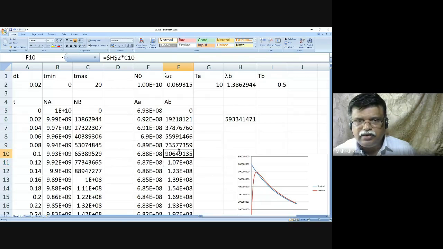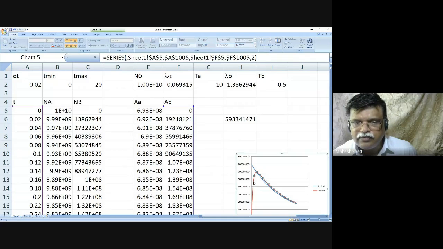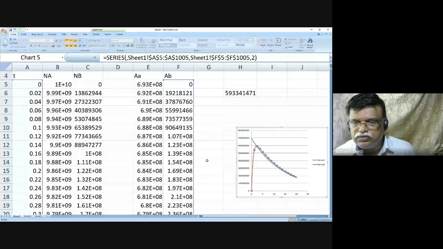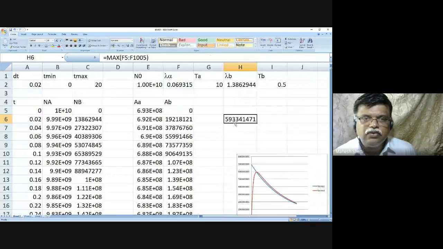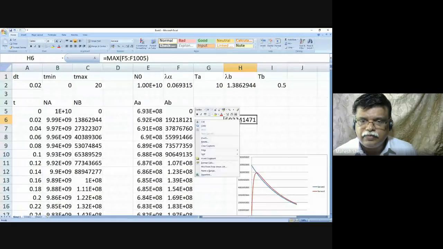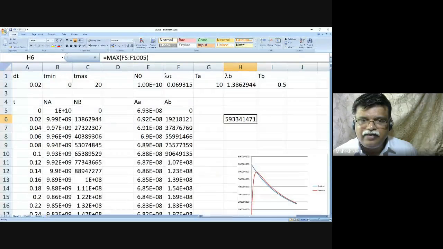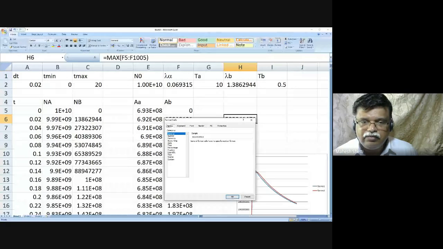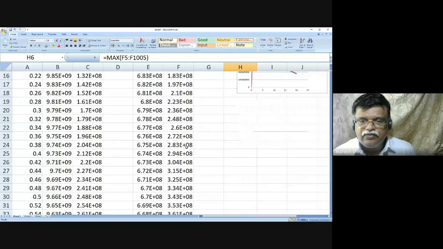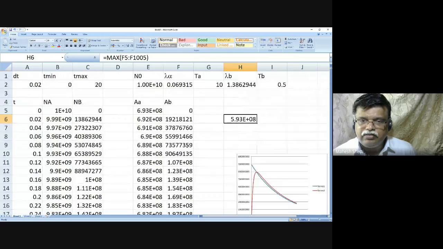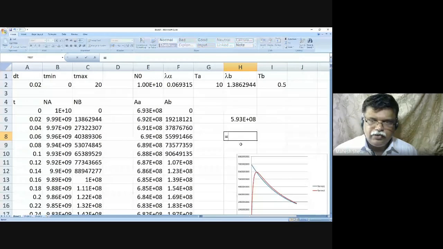Yeah, this is correct. Let me quickly find out. Format cell, and you go to scientific number because that helps me in comparing things. Yeah, so this has shown correctly.